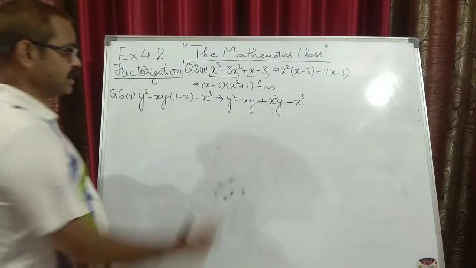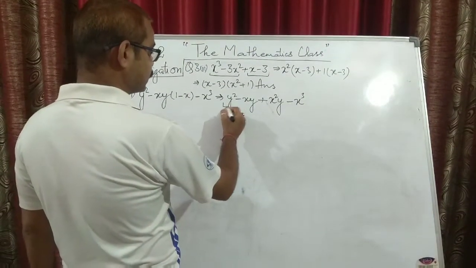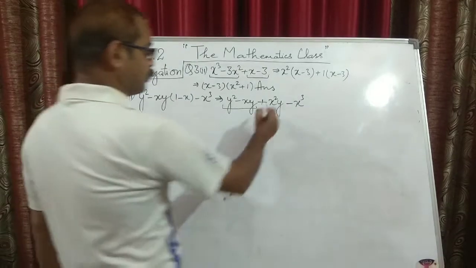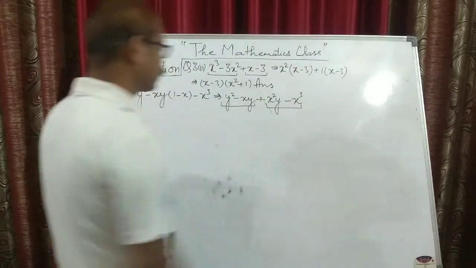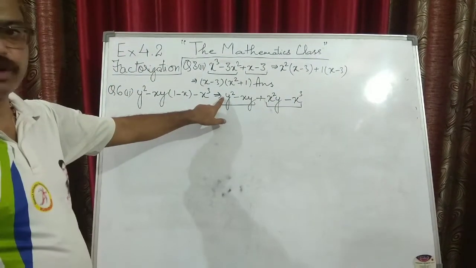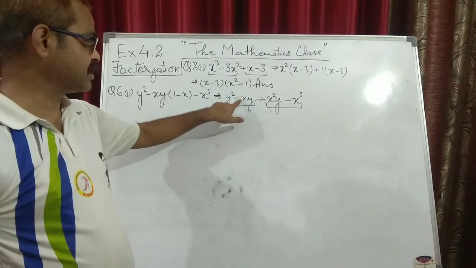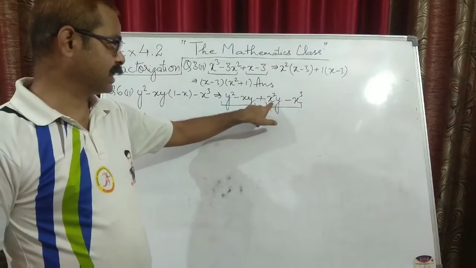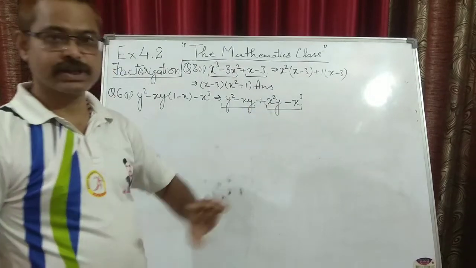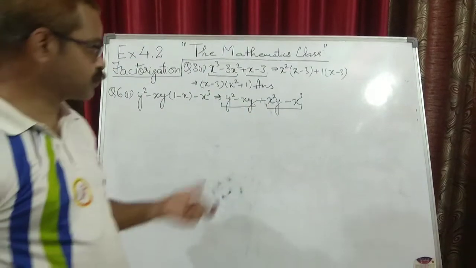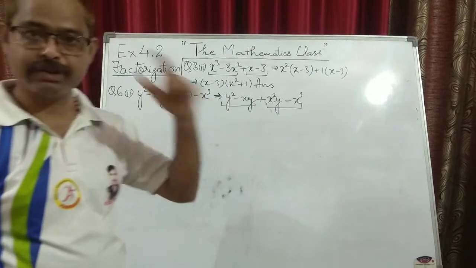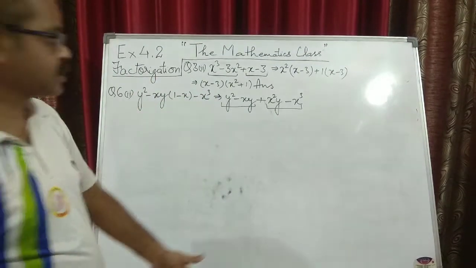Now from this, we can take y common. From this we can take x square common. If I take y common, what will be left? Y minus x. If here I take x square common, y minus x. Means in both the brackets we will be having the same thing. It means our procedure is right.